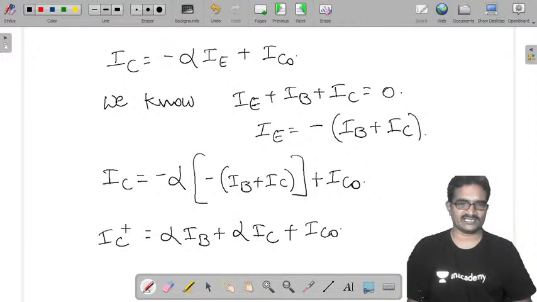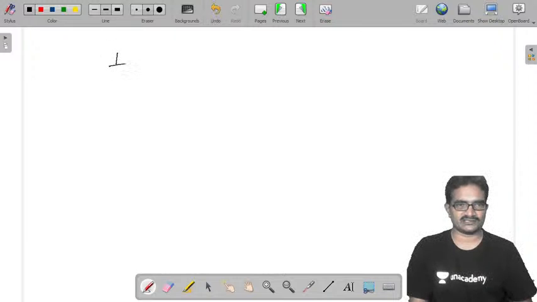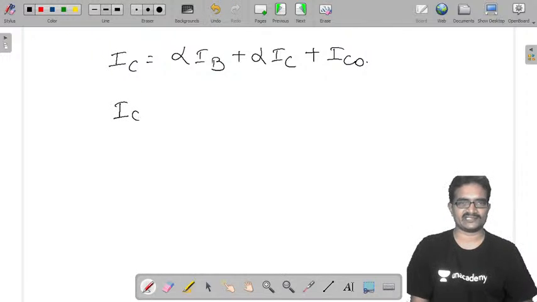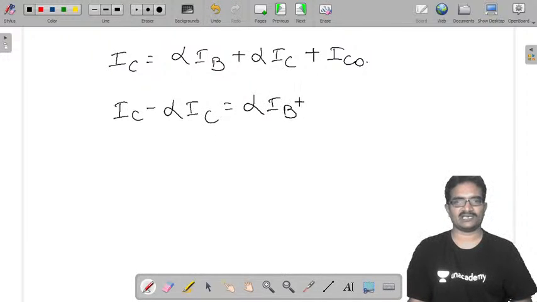Just take this alpha IC this side. Now our equation is IC is alpha times IB plus alpha times IC plus IC naught. Just take this one this side. Therefore, IC minus alpha times IC equals alpha into IB plus IC naught.